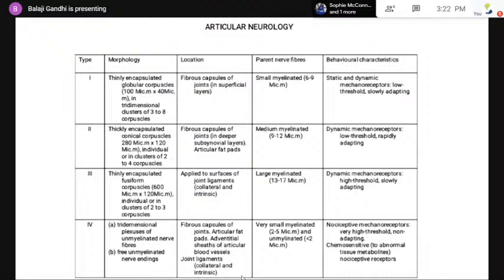And 4B is located on the joint ligaments, collateral and intrinsic. The parent nerve fibers of type 4 are very small myelinated fibers. In behavior, 4A is a nociceptive mechanoreceptor, very high threshold and non-adapting. And 4B is chemosensitive.